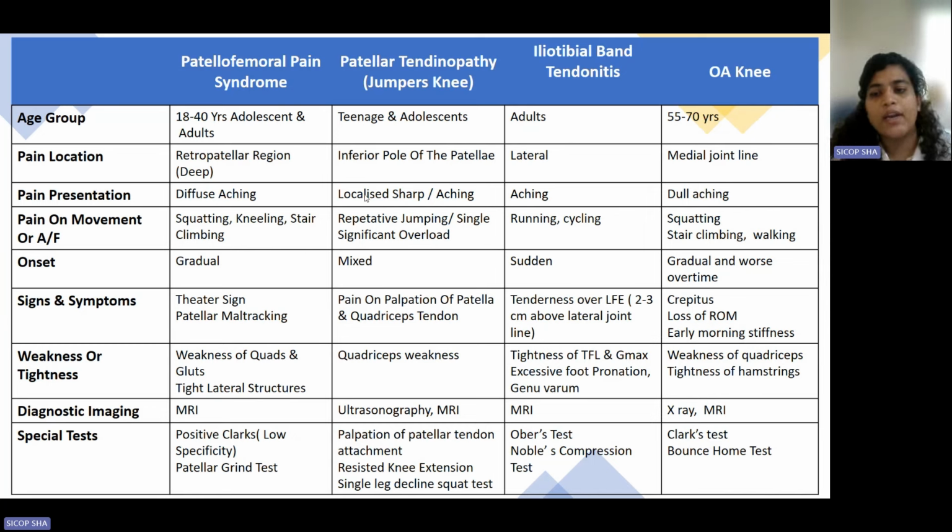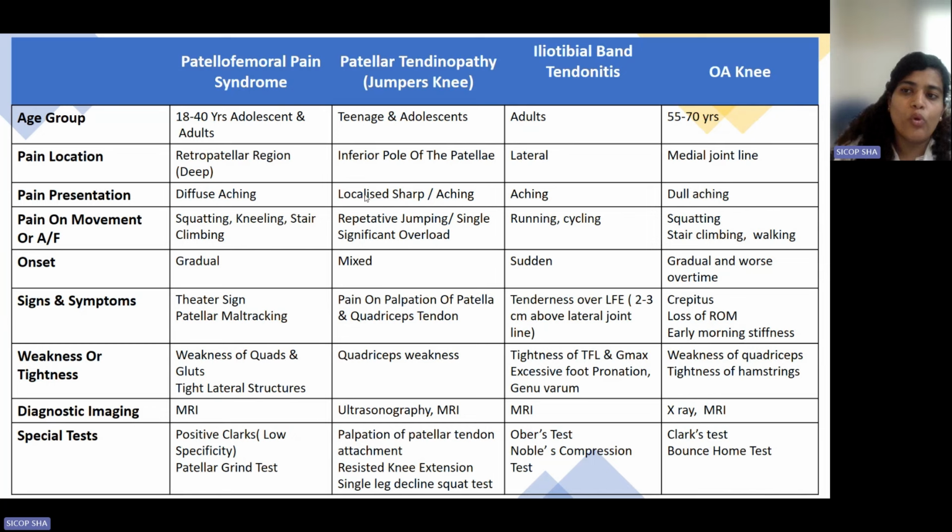The signs and symptoms are tenderness over the lateral femoral epicondyle. It is usually seen with tightness of TFL, gluteus maximus, and excessive foot pronation. Patient sometimes also has genu varum. If you go by diagnostic imaging, the gold standard is MRI. Ober's test and Noble compression test are usually positive.